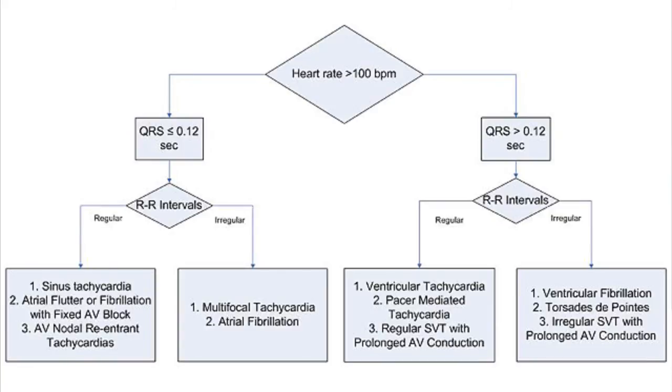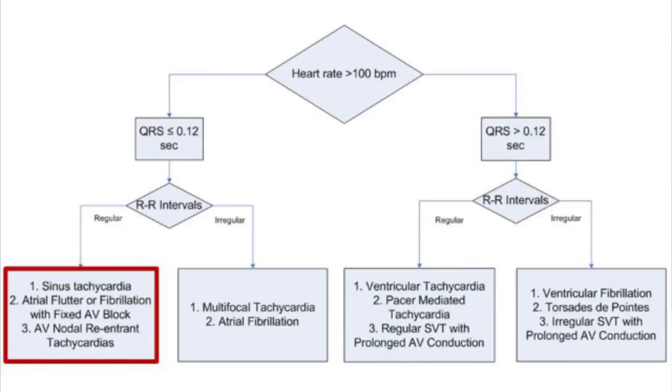With regards to the narrow complex tachycardias, the next question to ask is the duration of the RR interval, and more specifically whether or not it is regular or irregular. In patients that have a regular RR interval with a narrow QRS complex, the differential diagnosis includes number 1, sinus tachycardia, number 2, atrial flutter or fibrillation with a fixed AV block, and number 3, the various types of AV nodal reentrant tachycardias.